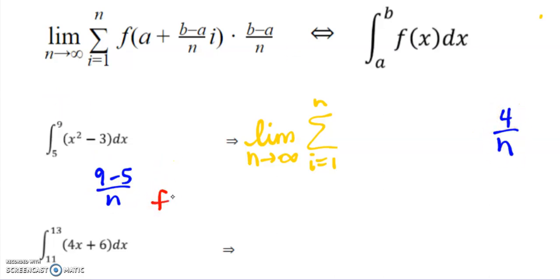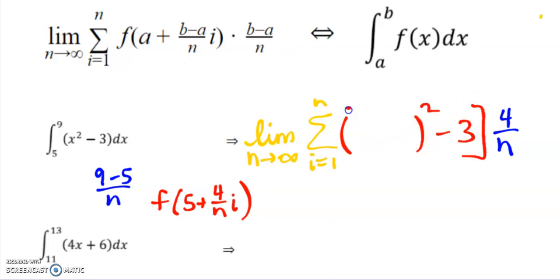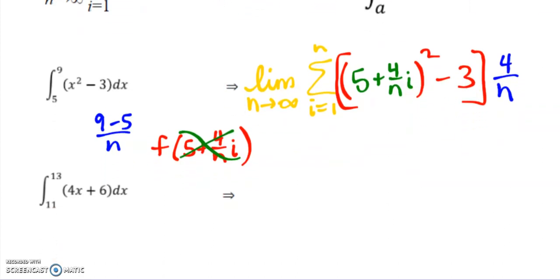My function then, remember I want f of a, which is 5, plus 4 over n i. Well, this function says x squared minus 3. Well, here's f of x. So my x is going to be that 5 plus 4 over n i.